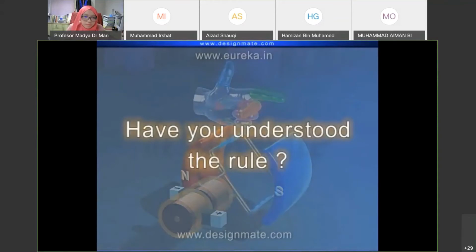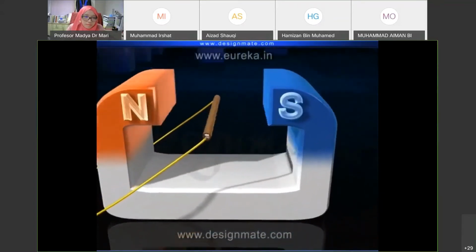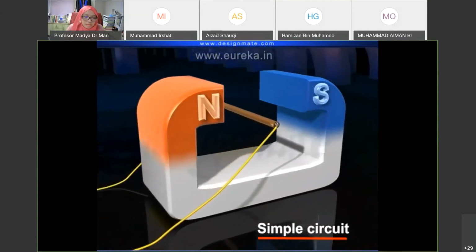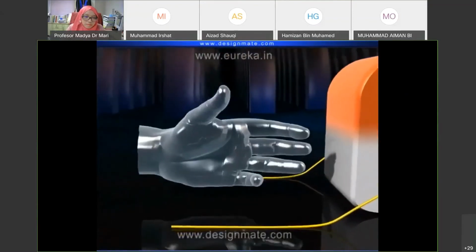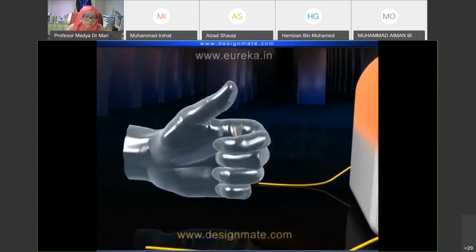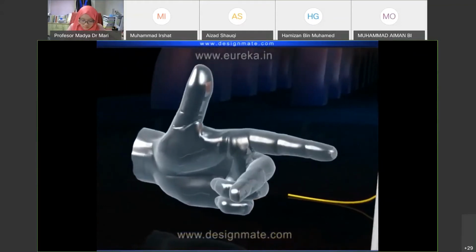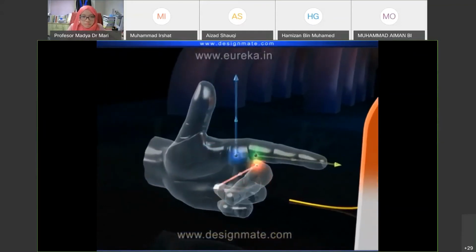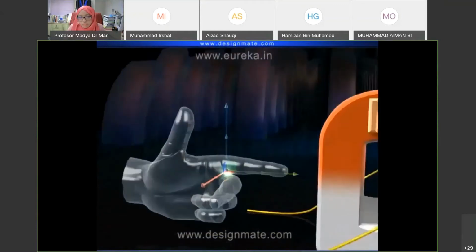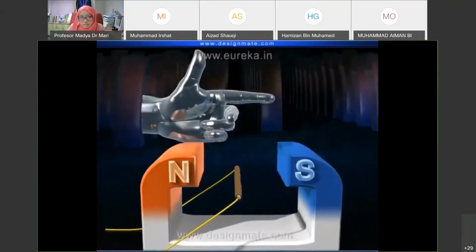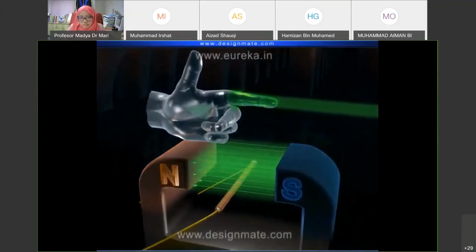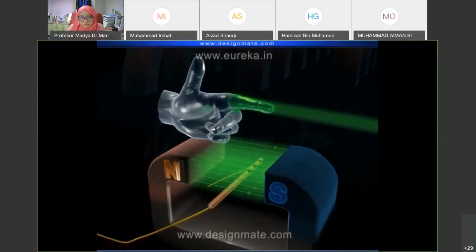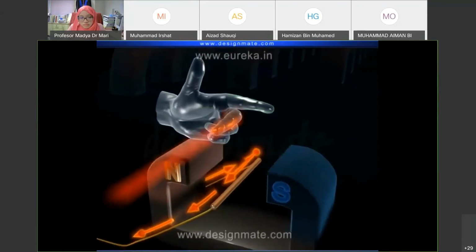Have you understood the rule? No? Okay. Now let's understand this by taking a simple circuit. Now arrange your left hand with thumb, first finger, and second finger all pointing at right angles to one another. Now point your first finger in the direction of the magnetic field. Point your second finger in the direction of current.